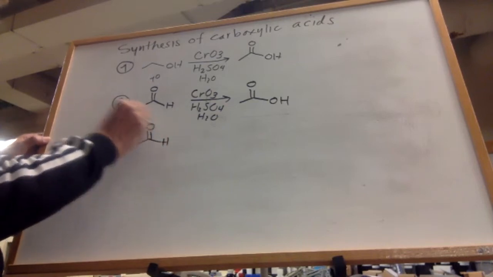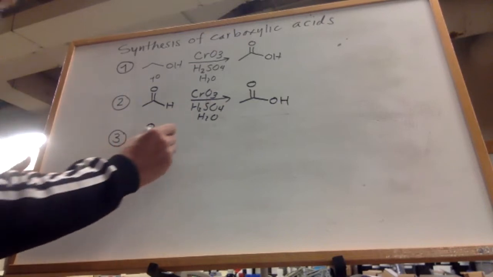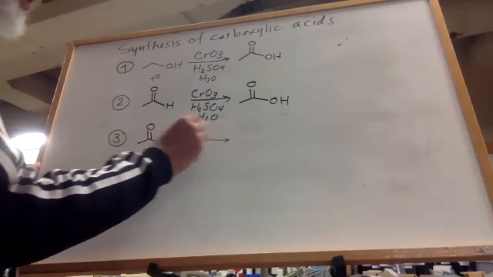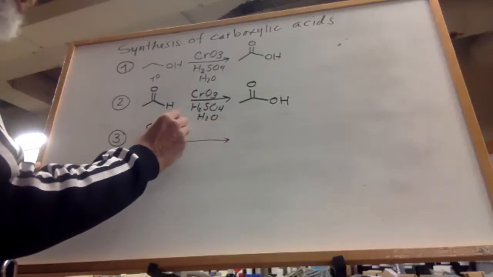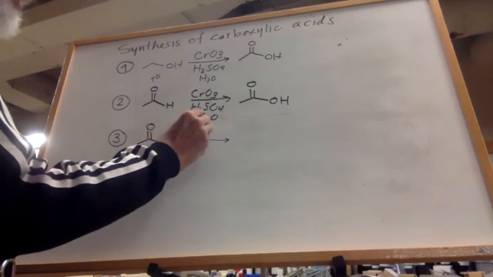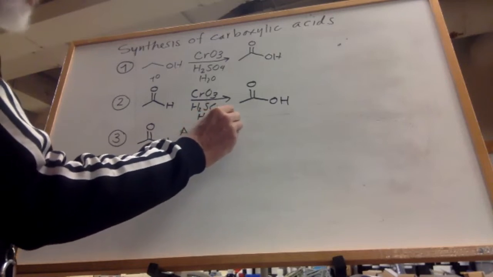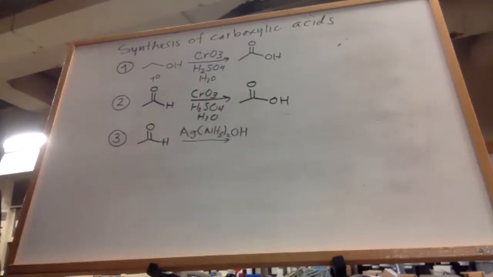And that would be Tollens oxidation. This is a reaction of an aldehyde, and so we use silver ion, and so the most popular reagent here is that silver ammonium complex, right?